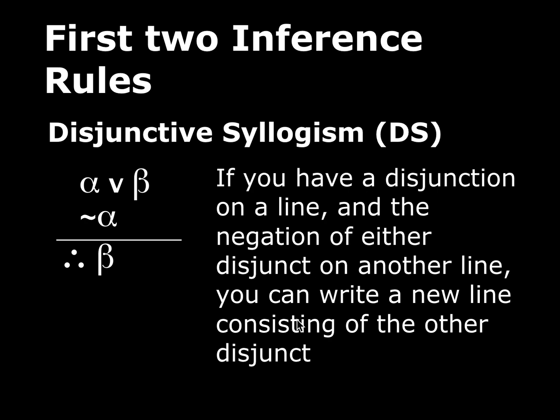So that's sometimes why the verbal description is a little better. It doesn't say that it had to be the first one or the second one. It could be either one. Which means that we could have written this this way. I could have written it as alpha or beta, not beta, therefore alpha, right? Disjunction, negation of the second, so I derive the first. Okay.